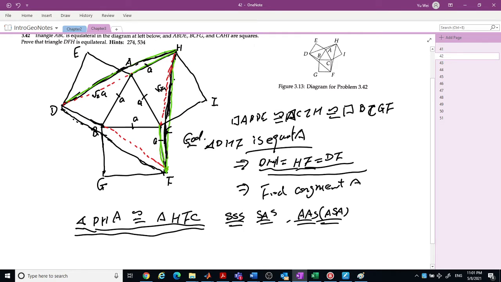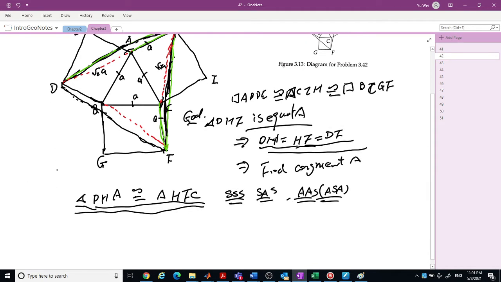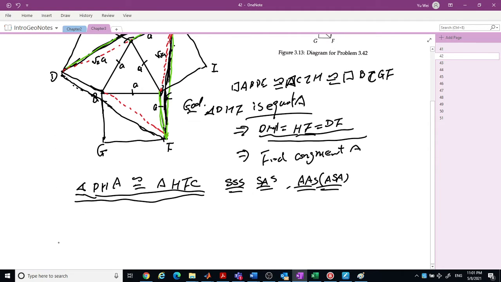Now, we already proved the two sides, so what we want to prove is that the angle here is equal to the angle here. What's this angle? This angle is 45 degrees. Let me show you something very simple. I have a 90 degree angle here and a 90 degree angle here, and I have a 60 degree angle here.